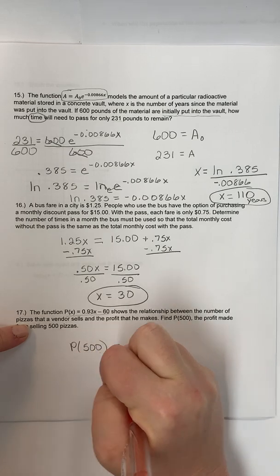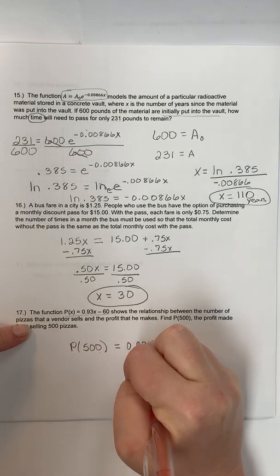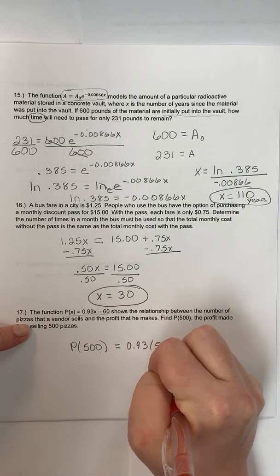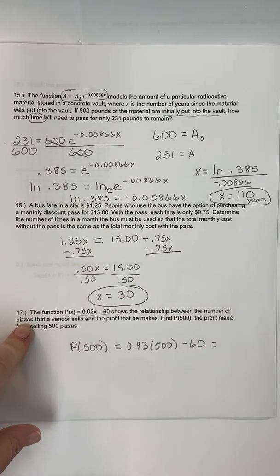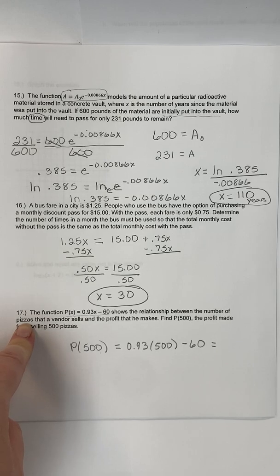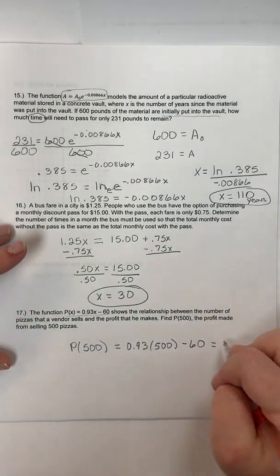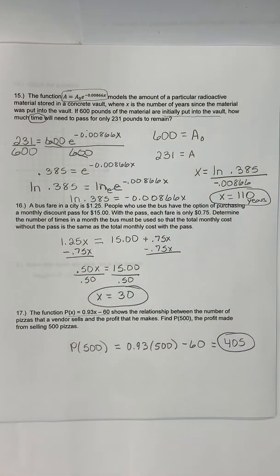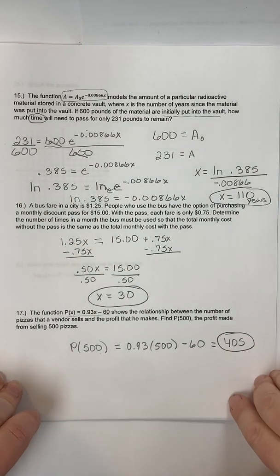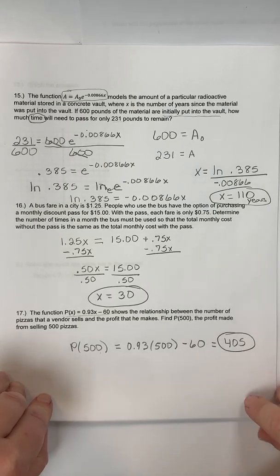Well, all it wants you to do is put in 500 for X. If you put in 0.93 times 500 minus 60, 405 is your profit.